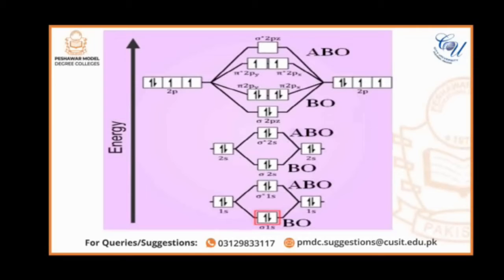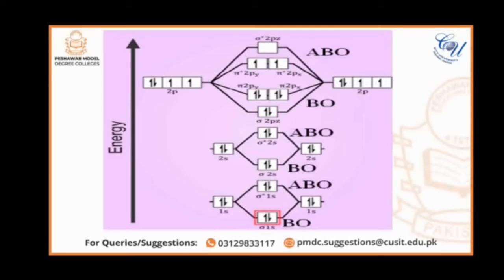According to the assumptions of MOT, the atomic orbitals form an equal number of new orbitals called molecular orbitals. The 1s atomic orbital of each oxygen atom, after mixing, forms 2 molecular orbitals, one of which is a bonding molecular orbital and the other is an anti-bonding molecular orbital.